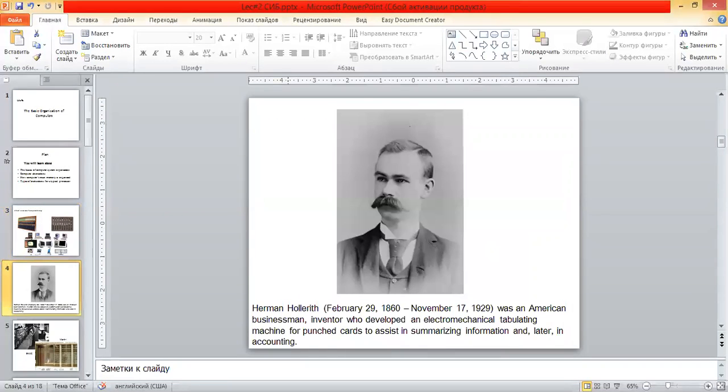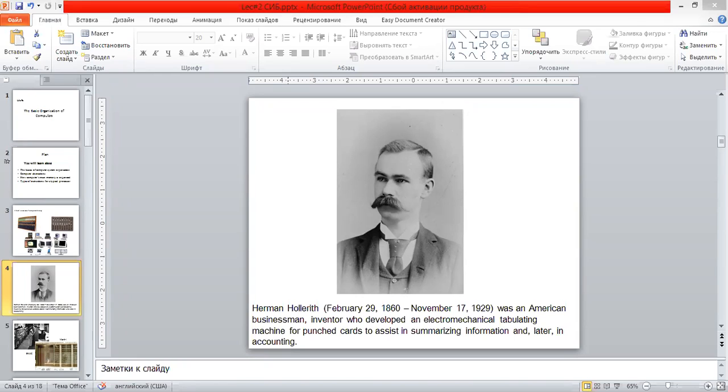Hermann Hollerith. Have you ever heard about this inventor? With the discovery of electricity, electronic tabulating machines were developed by Herman Hollerith, whose company was purchased by Thomas Watson, a founder of IBM, International Business Machines Corporation.